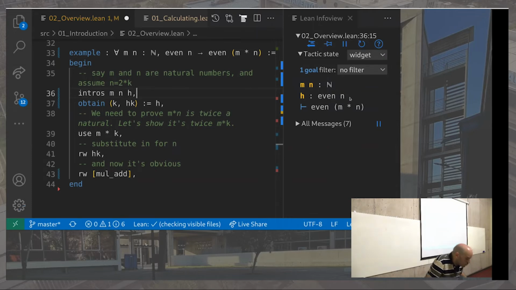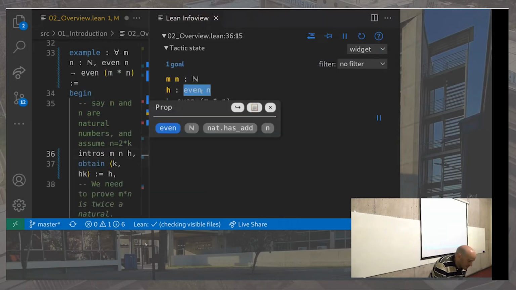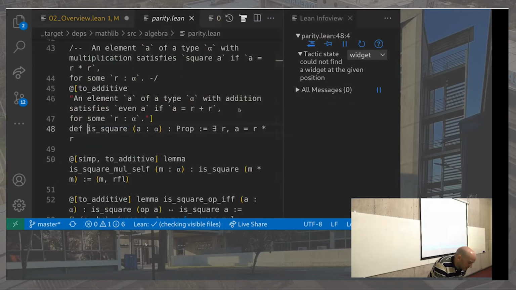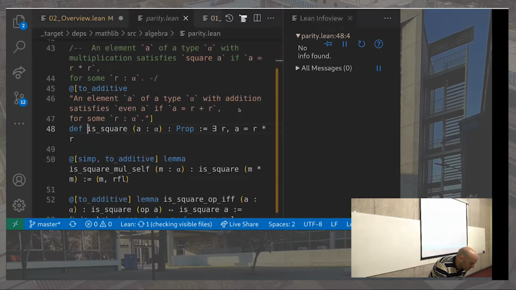Okay. So now what we have to prove is that m times n is even. This is something very, very easy. So maybe you forgot what even means. This is something very nice that Lean can help us with. If I just click on even, you see that it shows me that even is a proposition, and I can even click go to the definition.